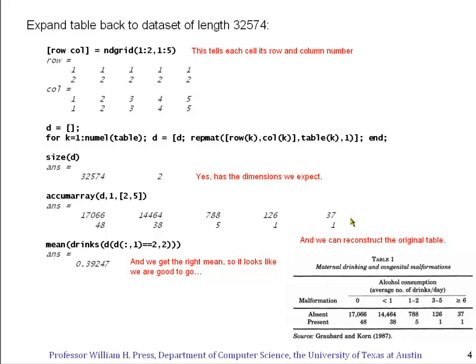Yes, we do. And now we're ready to, for example, compute the mean number of drinks in the second row of the table. So how do I do that?